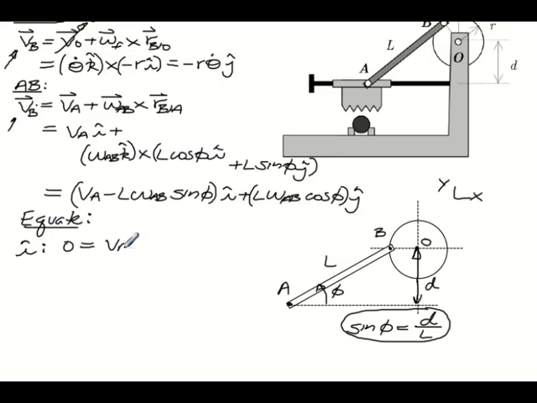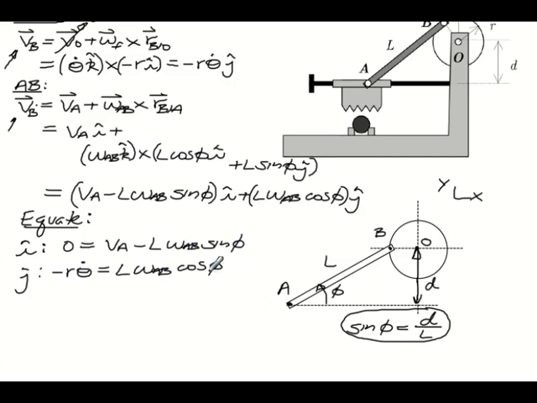And then I have VA minus L omega AB sine phi. And the J component equation says that on the left-hand side I have a minus R theta dot. On the right side I have an L omega AB times cosine of phi.